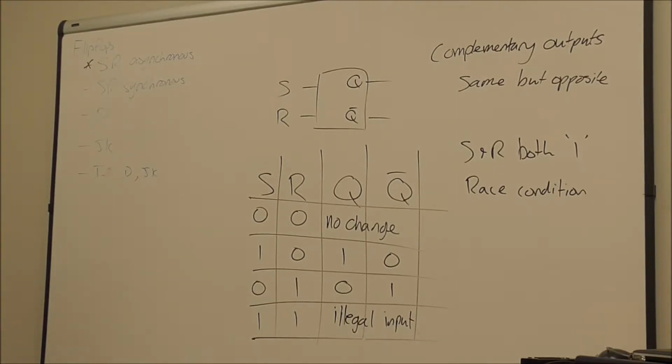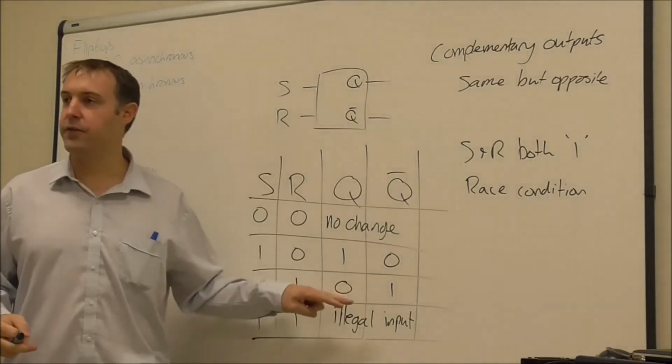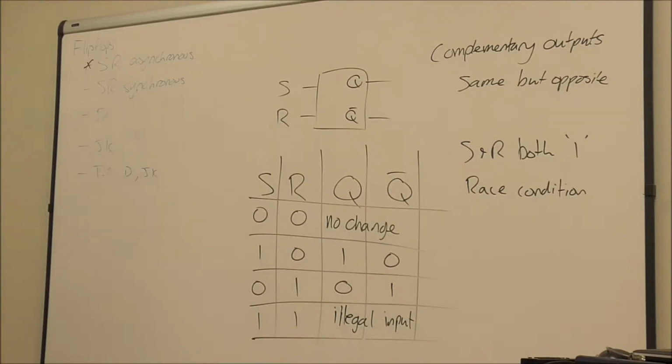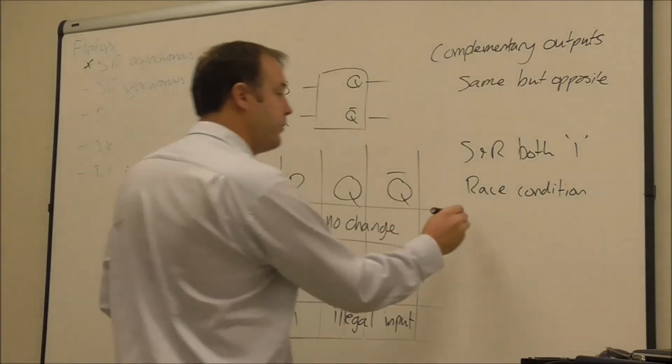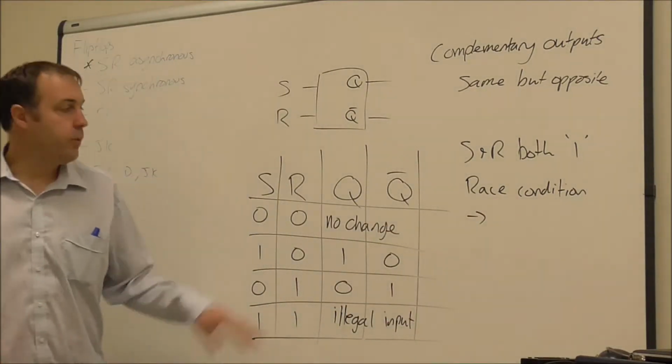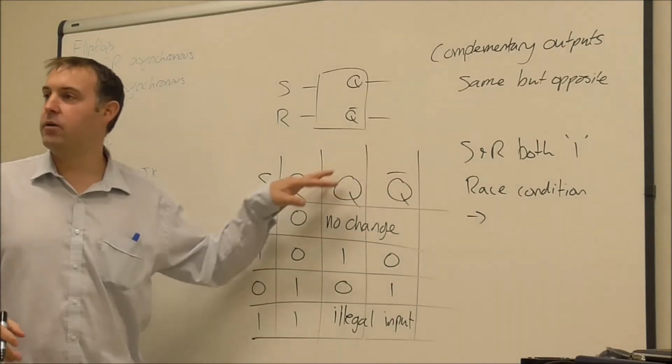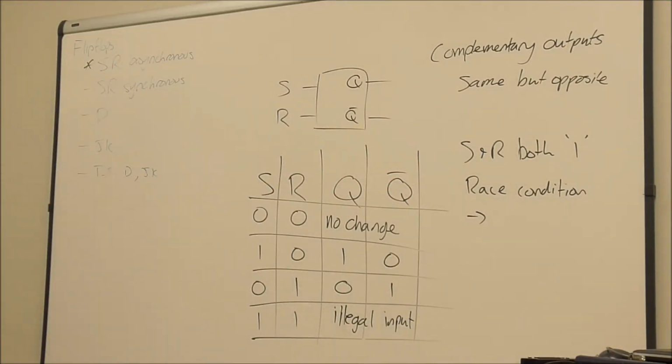They're racing each other to be the first one to settle on being high. However, that means it's unpredictable, because we can't predict whether Q or Q bar will win the race.